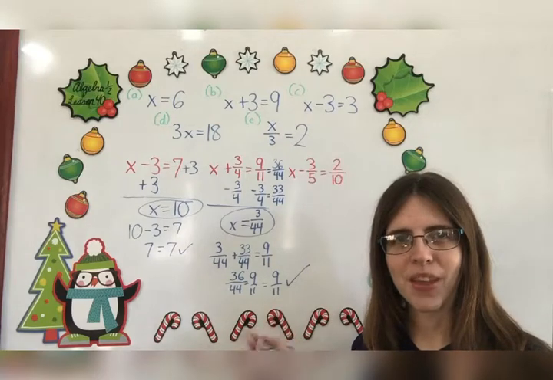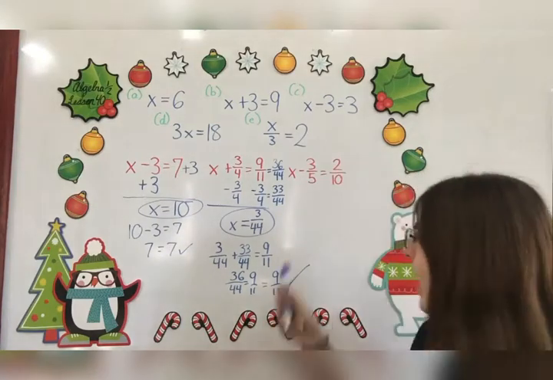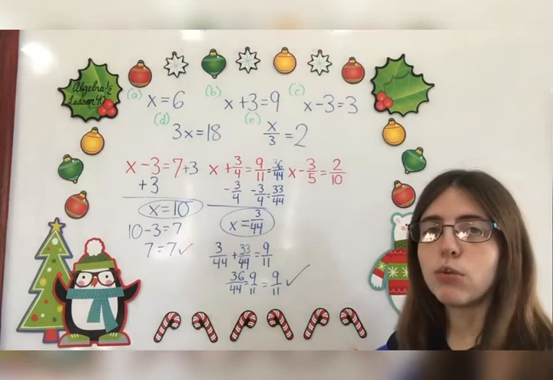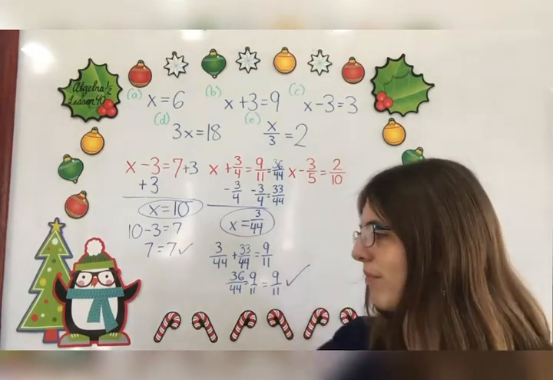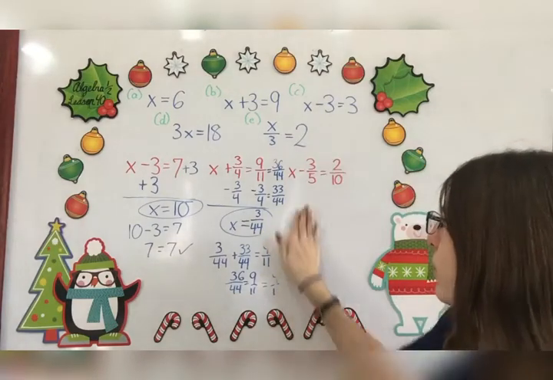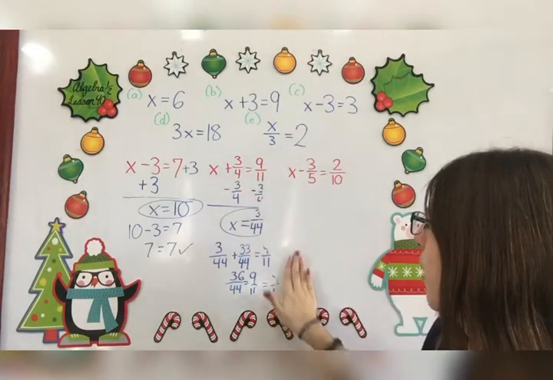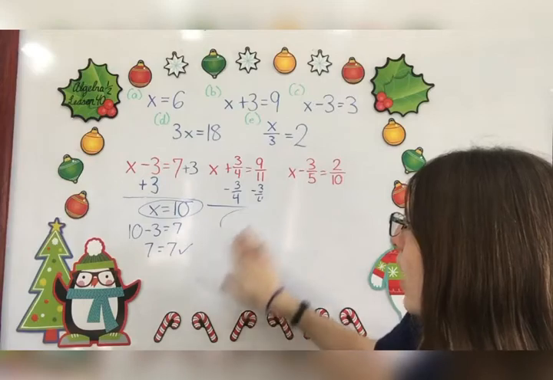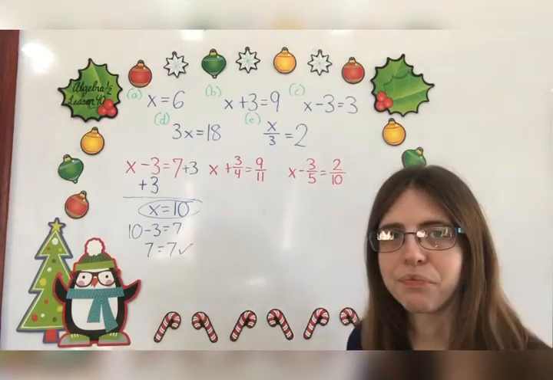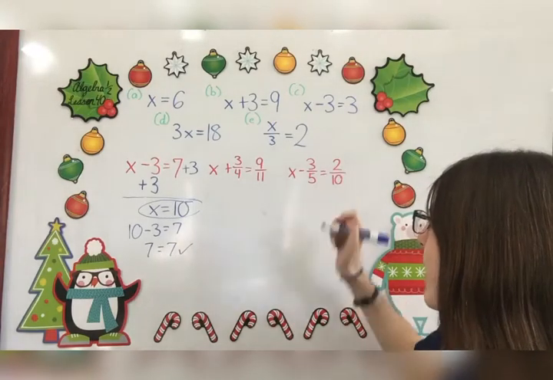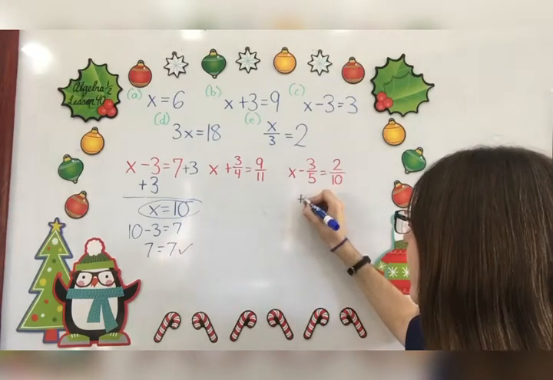All right, let's try one more. X minus 3/5 equals 2/10. What am I doing to x right now? I'm subtracting 3/5, that's right. I'm going to go ahead and erase some of this so that my board's not quite as crowded and you can see it a little better. Okay, so if I'm subtracting 3/5, I have to add 3/5.